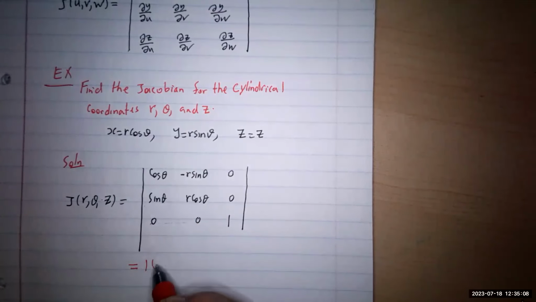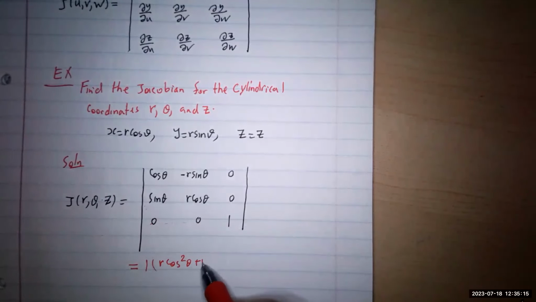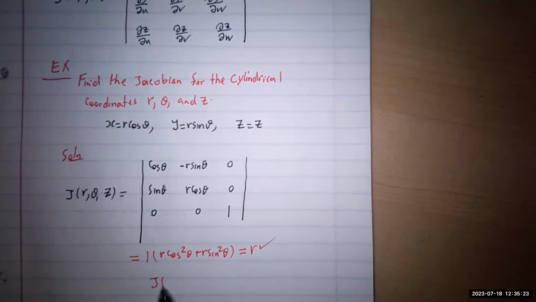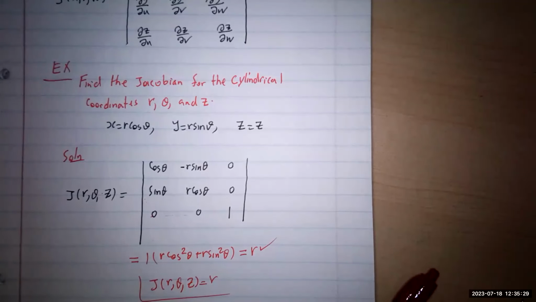If you cross multiply, that gives you r cosine square of theta plus r sine square of theta. You know that this is going to be 1. This is going to be r. So the Jacobian of r, theta and z is equal to r. You can check the spherical coordinate, it is much more involved, so we are not going to use it.